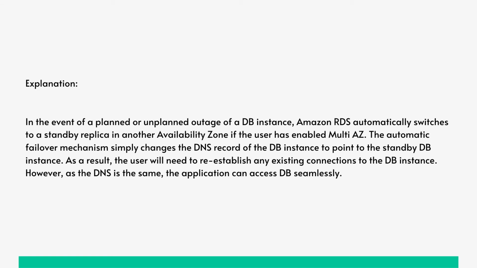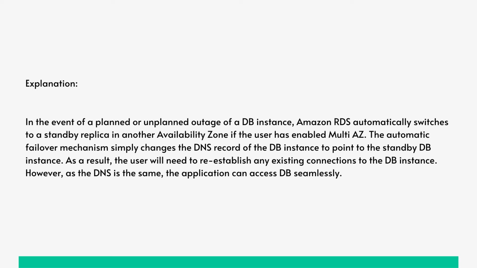In the event of a planned or unplanned outage of a DB instance, Amazon RDS automatically switches to a standby replica in another availability zone if the user has enabled multi-AZ. The automatic failover mechanism simply changes the DNS record of the DB instances to point to the standby DB instance.